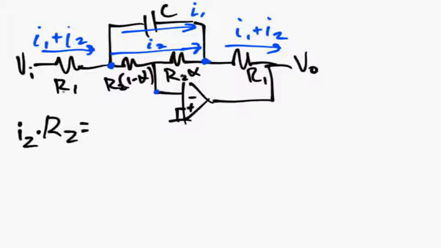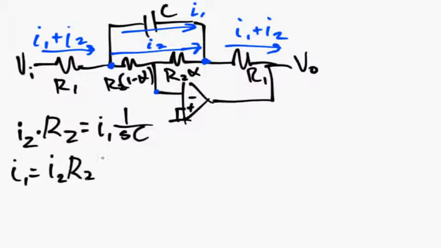And that's equal to the voltage across the capacitor, which is going to be I1 times 1 over SC. And then we can just write that I1 is equal to I2 times R2CS. So circle that. This is going to be useful later.